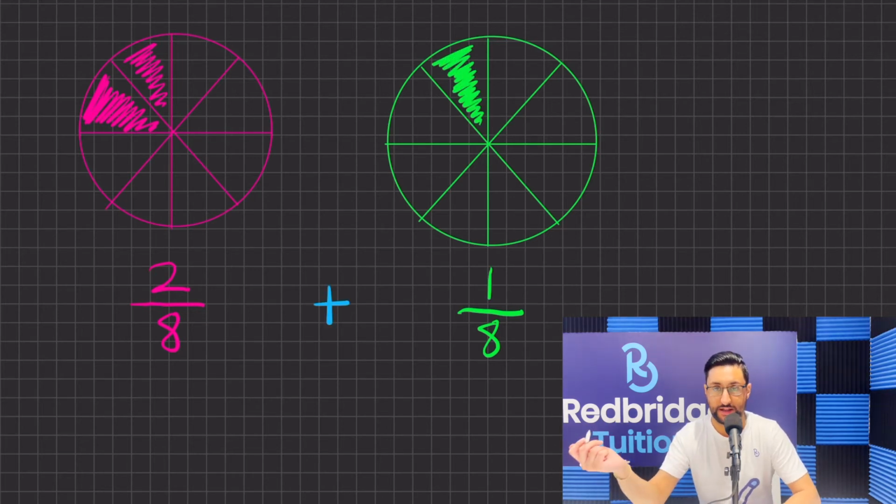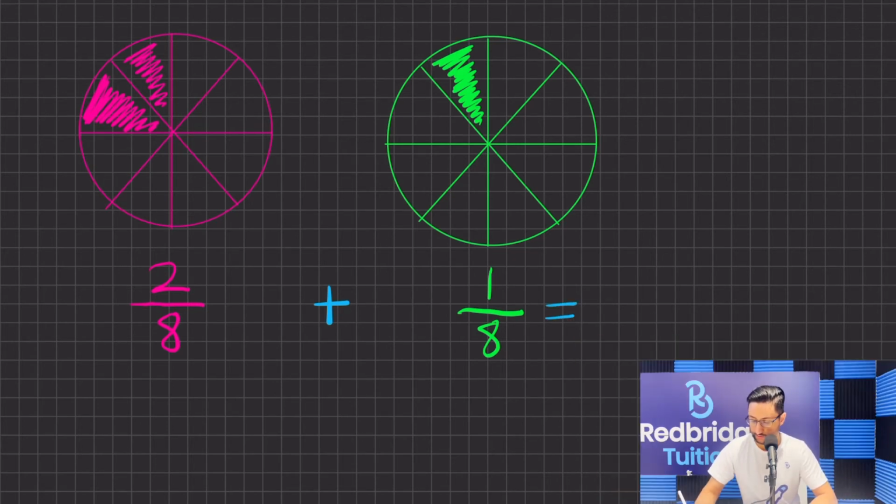So because the denominators are the same, I can actually find out what fraction of a whole cake I would have eaten by adding the numerators together. So 2 from the first one and 1 from the second gives me a total of 3, again out of a possible 8. So even though I've taken 2 from one cake and 1 from another, we can see that I've had 3/8 of one whole cake.